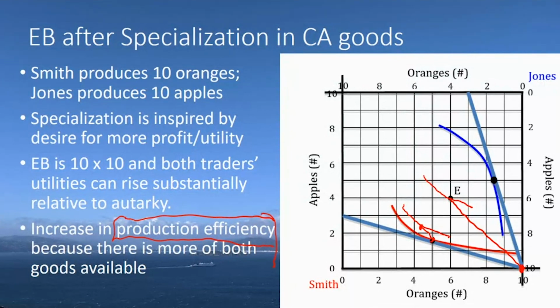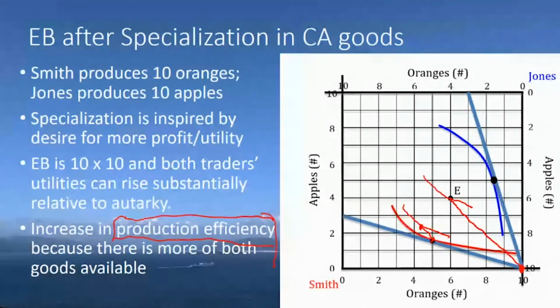Okay, so we give Smith and Jones different production capabilities. We imagine they come to the market producing what's best for them independently, but we learn that if they actually seek profit, how to make more money out of the situation, that seeking profit is going to lead them to rearrange their production in a more appropriate way, meaning a way in which they can actually increase total output of the goods that they are producing.